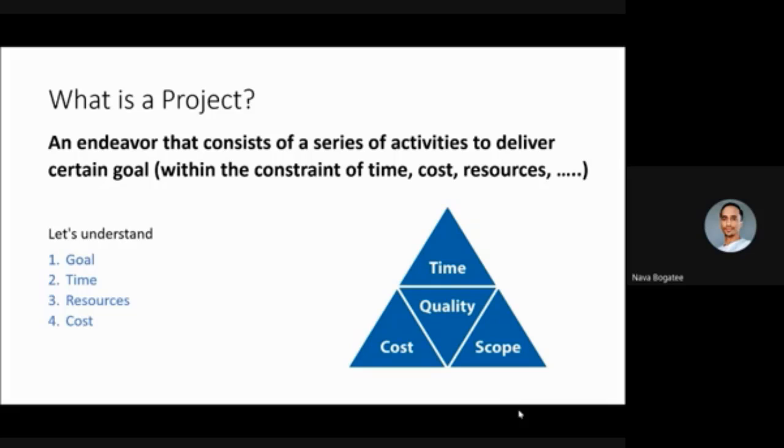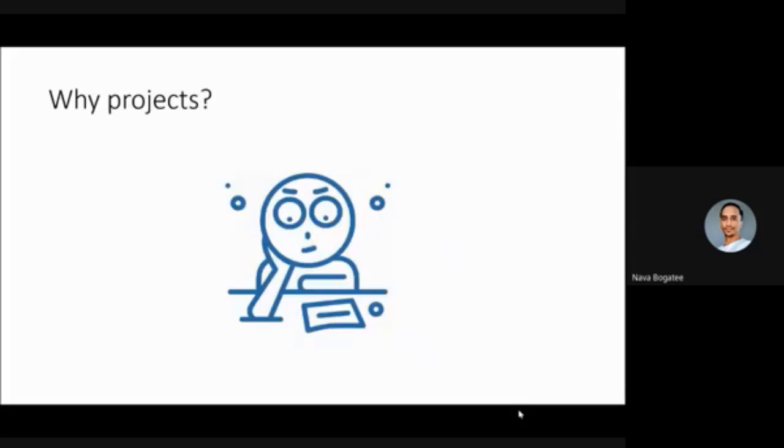I believe I defined the project at a very basic level, and I also believe you'll have an entire semester on project management somewhere in the later semesters. At that time, you'll have more idea on projects. Having said that, let's move ahead.